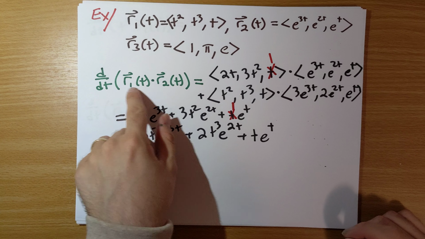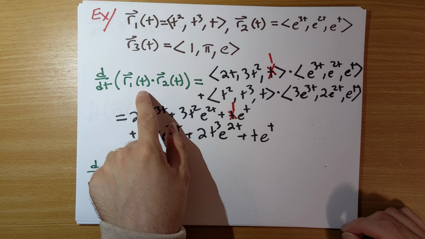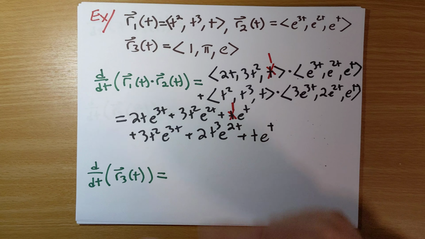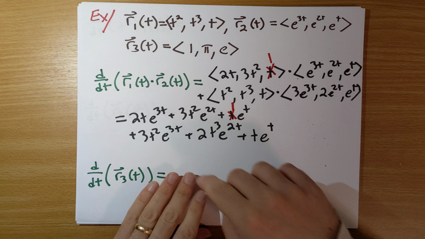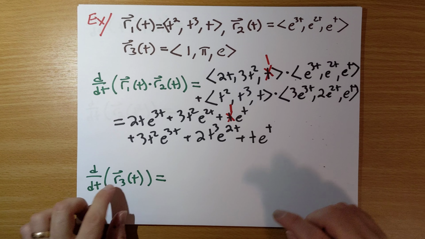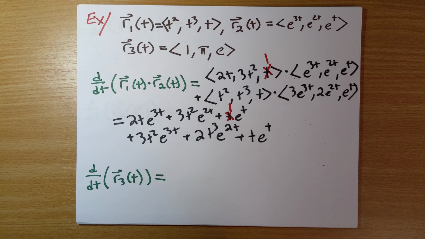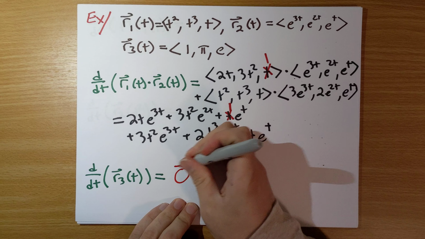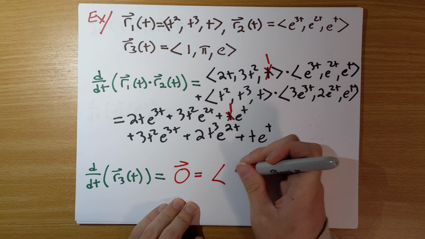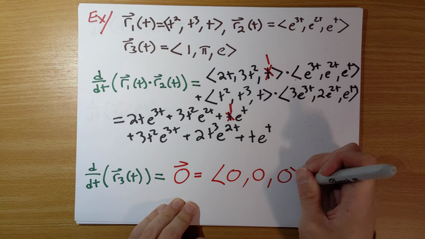So the derivative of the scalar function is a scalar function. There's no vectors here. The derivative of r3 of t, 1, pi, e. Note here, those are all constants. So this is the 0 vector, 0, 0, 0.